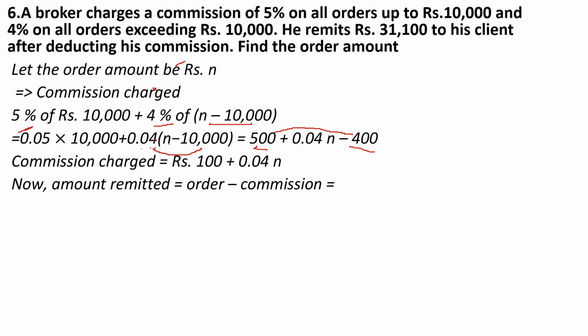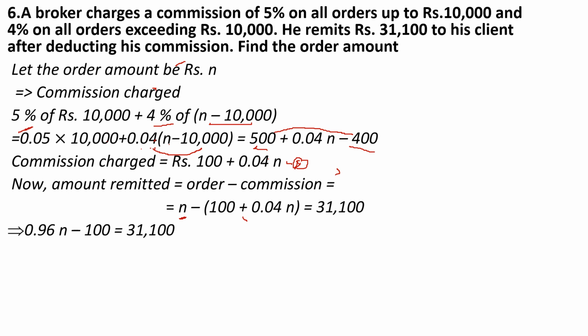Now the total amount remitted will be equal to the order minus his commission, which is given as 31,100. So the order is n rupees, and the commission is equal to 100 plus 0.04n. Subtract: n minus 0.04n is 0.96n.